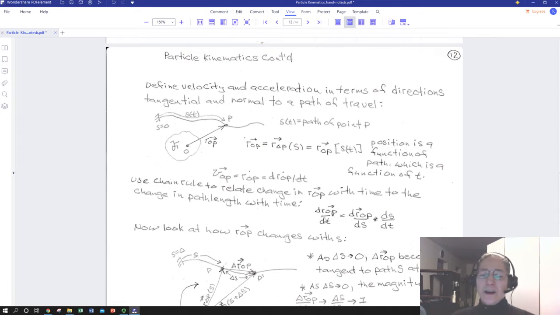So dr dt is equal to dr ds times ds dt by the chain rule. Okay? So I've got something now that's a little bit esoteric to define, dr ds, and then ds dt is really the speed tangent to that path. So this is going to be kind of akin to my dr dt or my d theta dt.